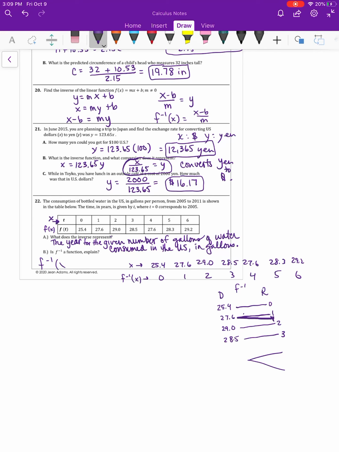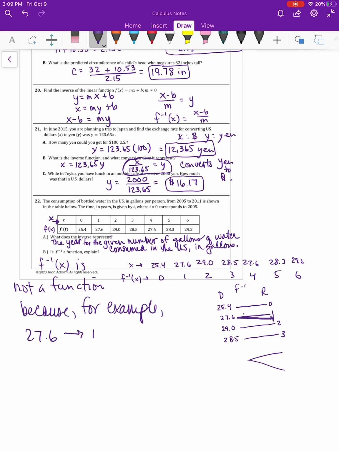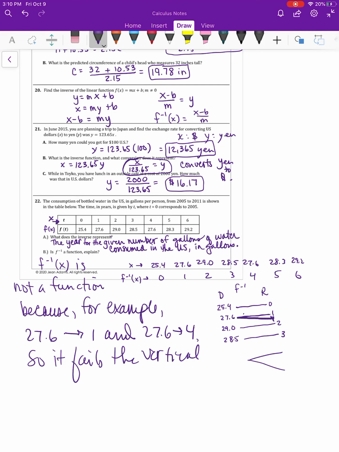So f inverse of x is not a function because, for example, 27.6 goes to 1 and 27.6 goes to 4. So it fails the vertical line test.